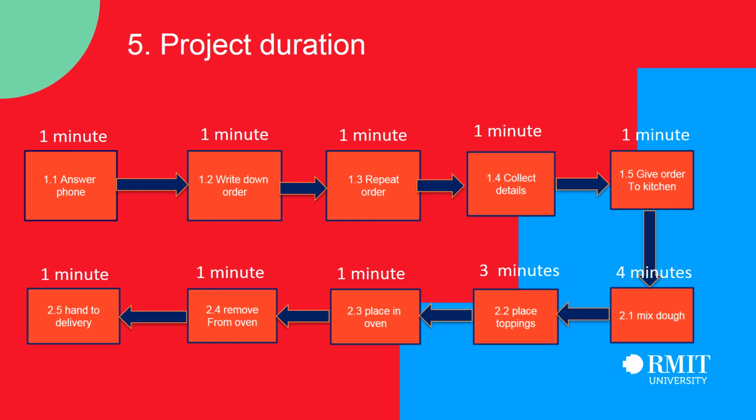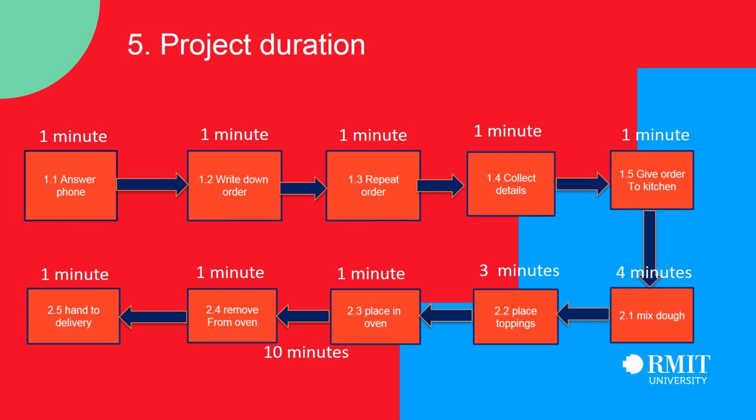The last step is the project duration. This means adding up the durations of each activity in the sequence of activities for your project. On this network diagram, you can see I've added 1 minute for each of the activities, except 4 minutes for mixing the dough, 3 minutes for placing toppings, and then 1 minute for the other things as well. I've also added 10 minutes of delay in between activity 2.3 and 2.4.